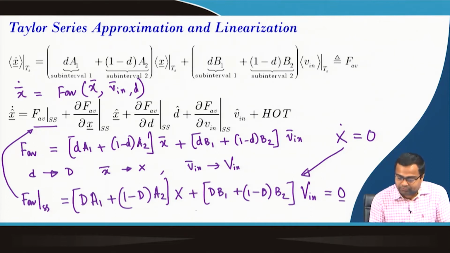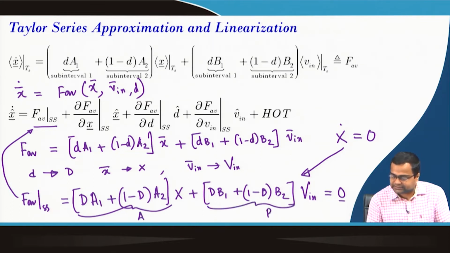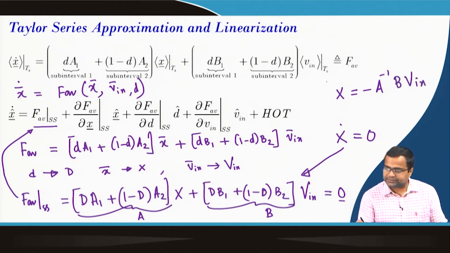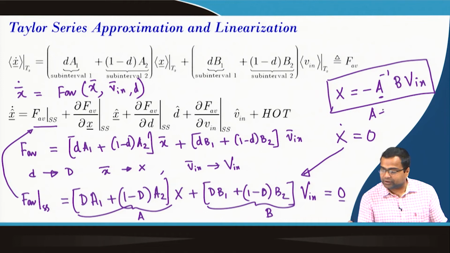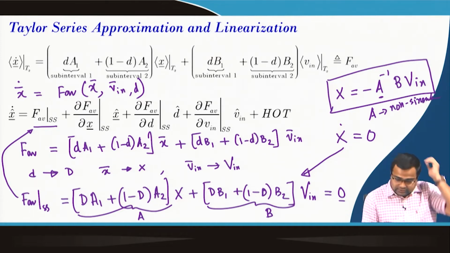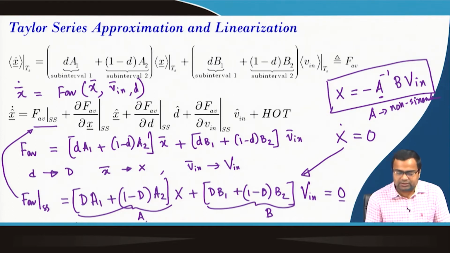If we take this to be the A matrix and this to be the B matrix, then we can solve X equal to minus A inverse B into capital V in. This can be solved where A must be non-singular, and this is true because this average A matrix can be shown to be non-singular, and only then can we uniquely find the steady state point.